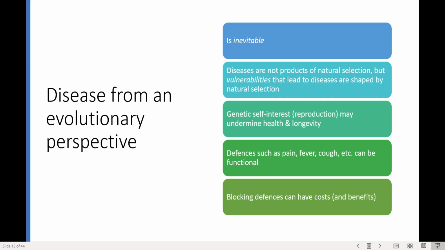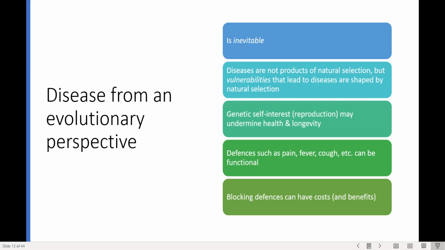And so blocking these defenses, for example, taking painkillers, reducing fever, or reducing coughs, can have costs. There can be benefits, but we also have to remind ourselves that fever, pain, coughs, and other defense mechanisms are functional adaptations of our body. And so we have to consider them and find out what they may tell us.